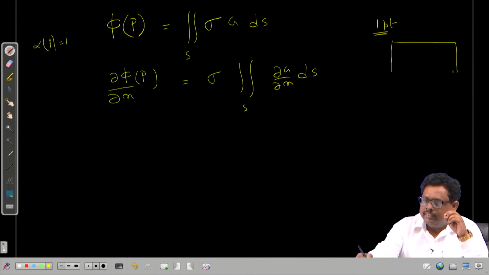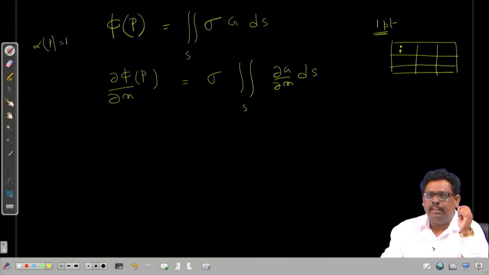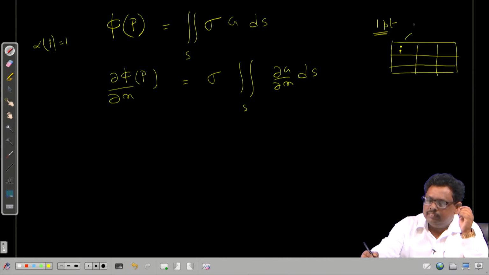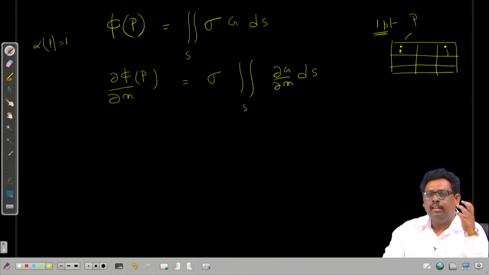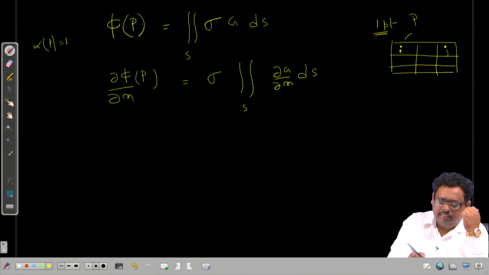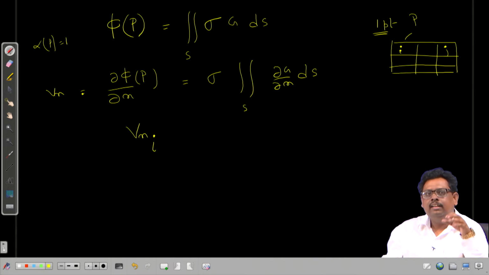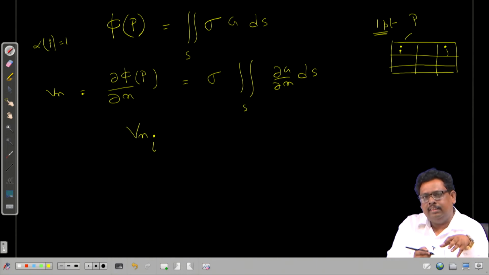Suppose this is my panel, the ith panel, and this is the field point p, and these all are the jth panels where you can think of the source point j. Here del phi del n is of course V n. I write it as V n for the ith panel, so I call it V n i. This is what I am taking on my left hand side.